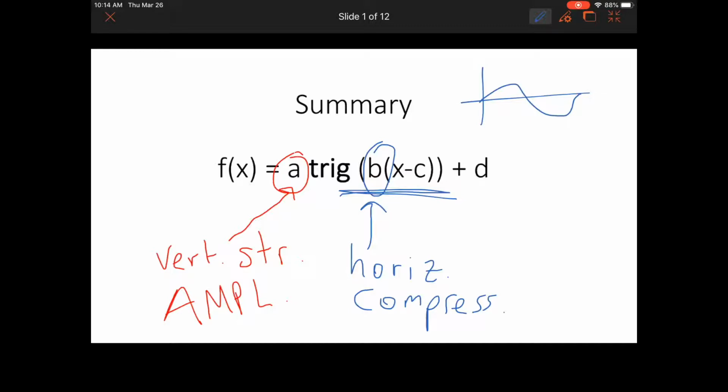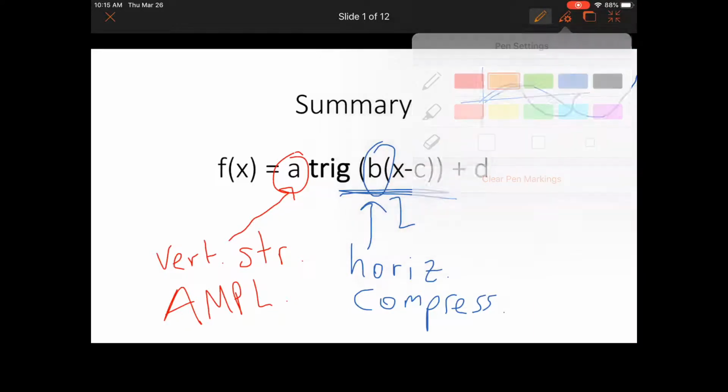If my b value was 1/2, we're actually going to stretch by a factor of 2. Why would b being 1/2 result in a stretch of 2? You can see that if this thing increases and reaches its maximums and minimums at half the rate, it actually ends up taking twice as long.